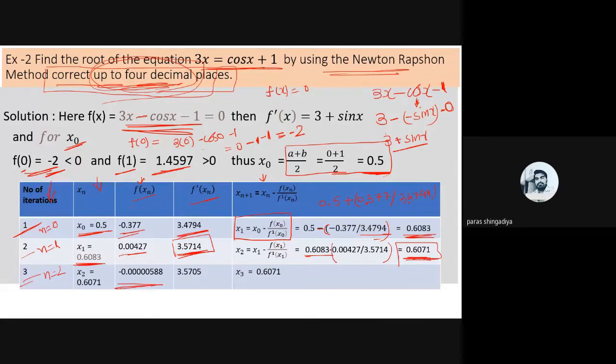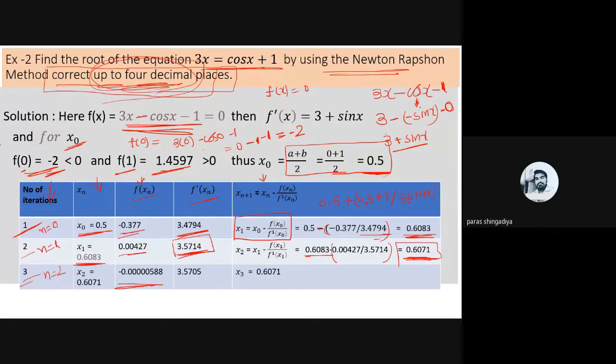We have x2 as 0.6071, and now check its function output, 3x minus cos x minus 1. So 3 of 0.6071 minus cos of 0.6071 minus 1.